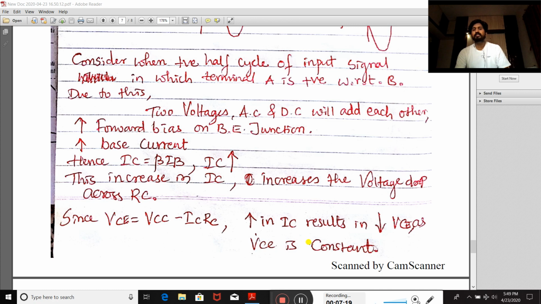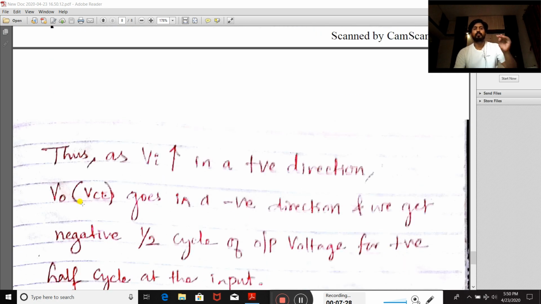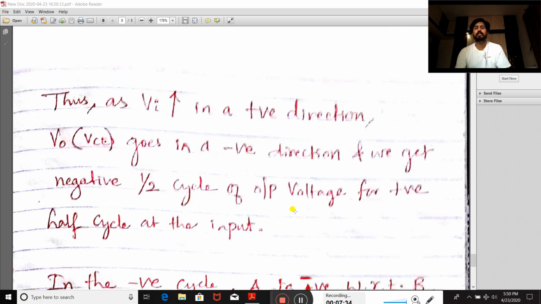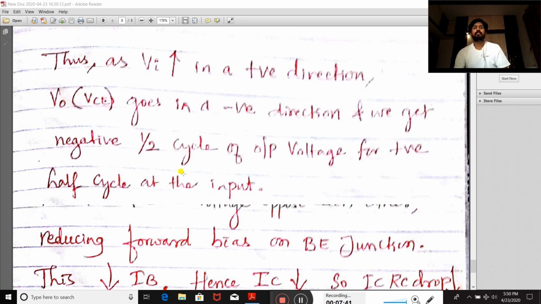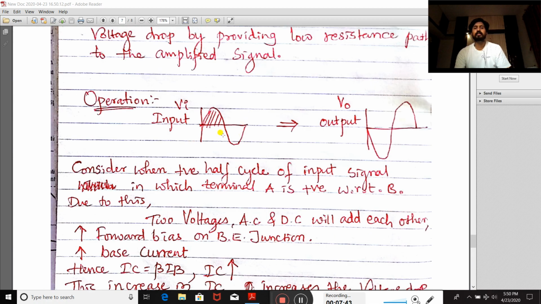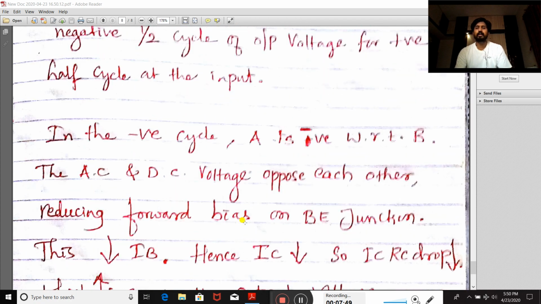As Vi goes in the positive direction, Vc goes in the negative direction, and we get the negative half cycle of the output voltage for the positive half cycle at the input. Then for the next case, if you consider the negative half cycle, for this half cycle A becomes negative with respect to terminal B.